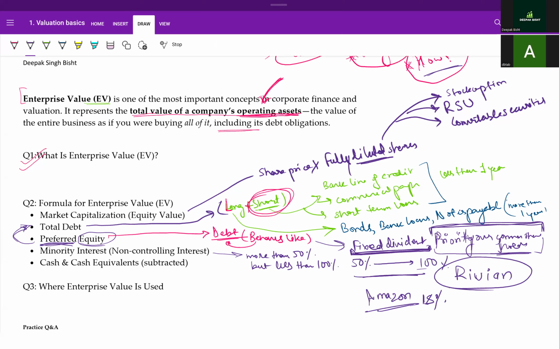But if Amazon held 60%, then it would consolidate Rivian and report a minority interest for the parts which it does not own. So you add minority interest so the enterprise value matches the consolidated earnings being valued. So we add back minority interest also.